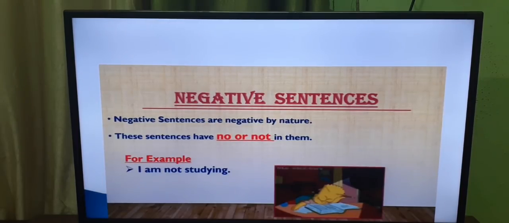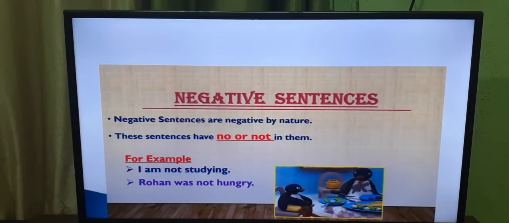For example, I am not studying. So here the word not has been used. The next example, Rohan was not hungry. So again the word not has been used.